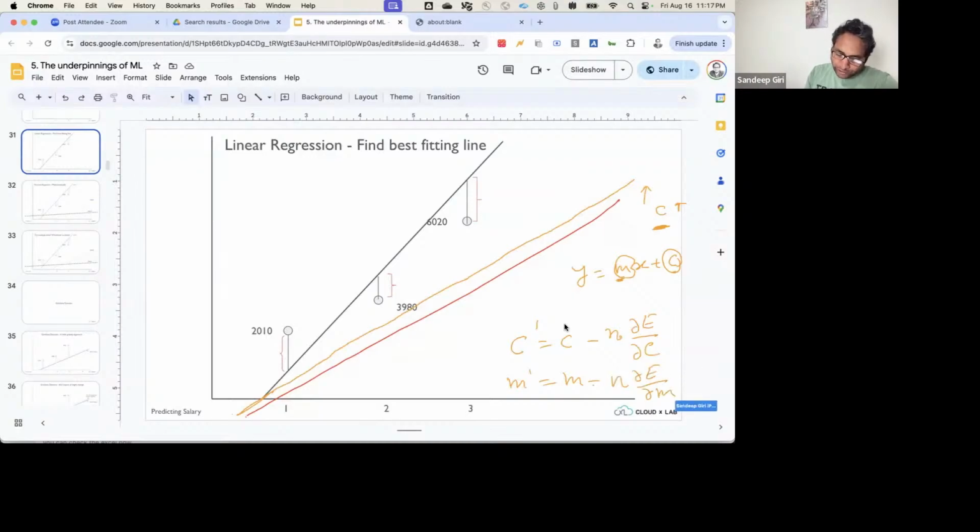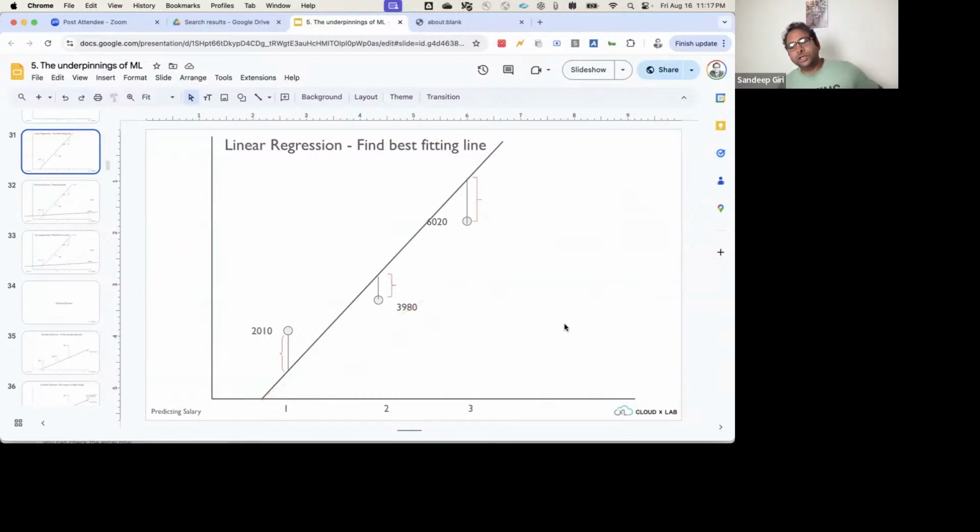So the new value of slope was equal to the old value of slope minus eta times delta E by delta M. This delta means rate of change of error with respect to M, return on investment. Similarly for the intercept. So we tweak both of them with the same strategy. Got it?